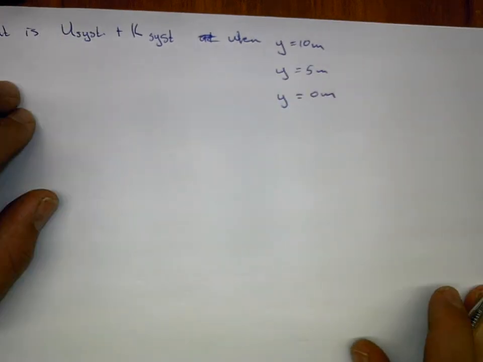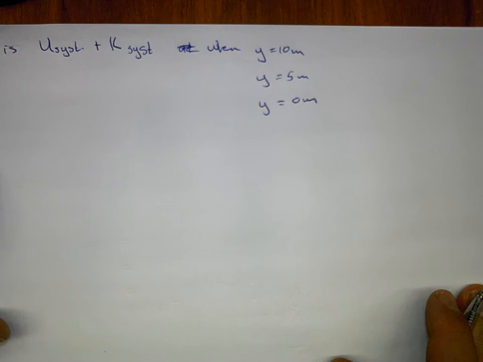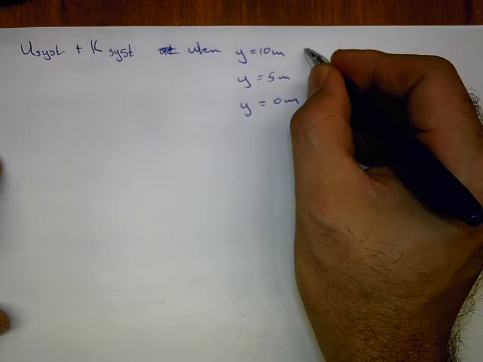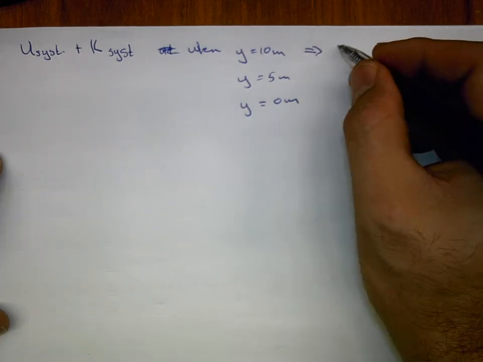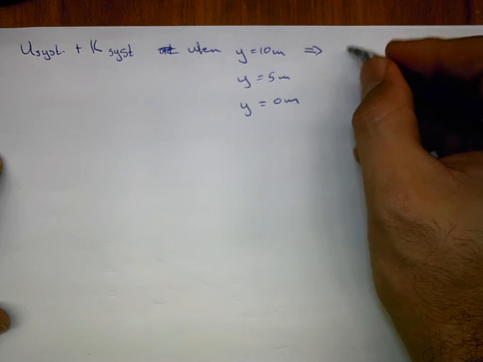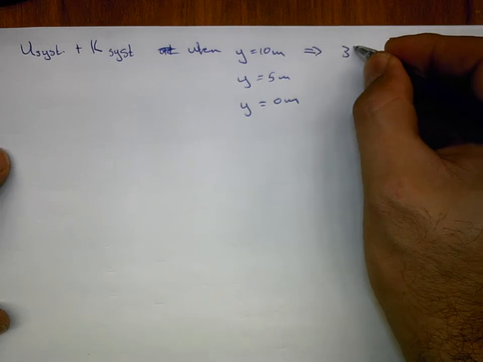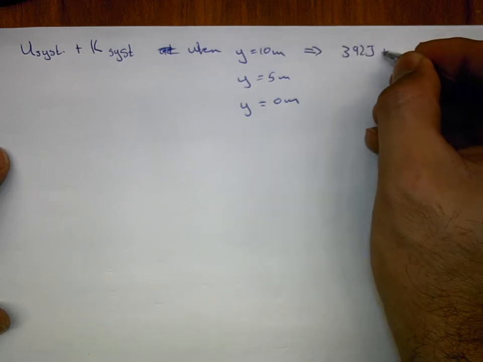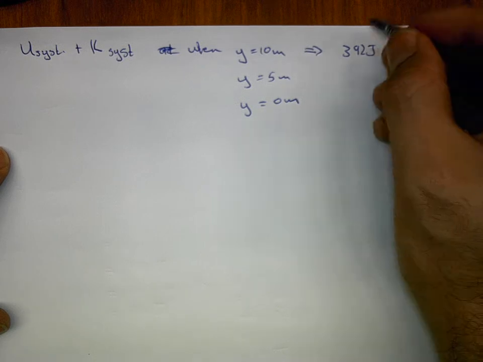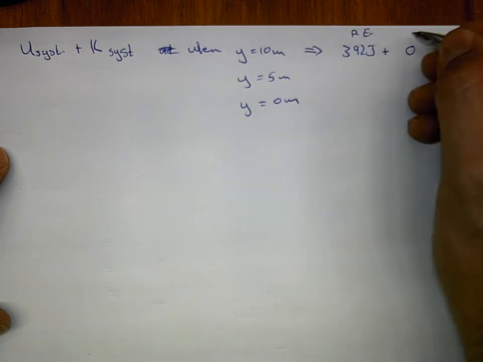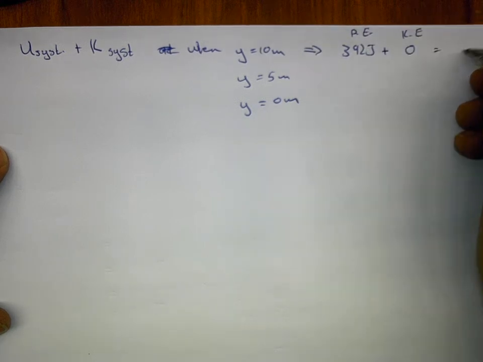Now, from our previous slides, here we've got that the potential energy was 392 joules plus 0 kinetic energy. So that's the potential energy, that's the kinetic energy, which is just equal to 392 joules.